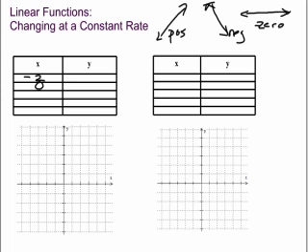I'll pick some data points here. So for my x, I'm picking -2, 0, 2, 4, and 6. And for my y values, I'm going to pick 4, 6, 8, 10, and 12. Once again, we can look at our rise and our run, and in this case, we can see our rise is going to be up by 2 each time.